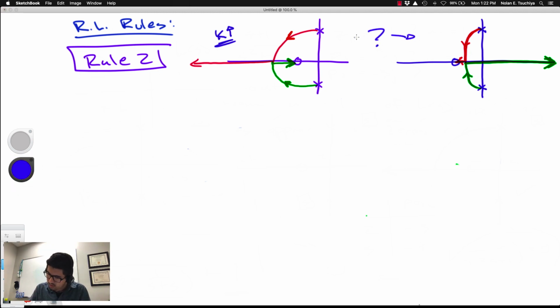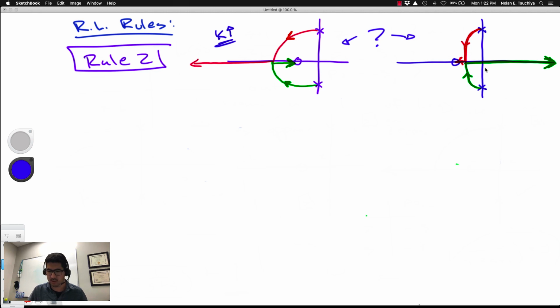Okay, so the question is, which one is the valid root locus? Some of you may be thinking, well, this one can't be. There's something fishy about this one. And the comment that usually comes up is that, well, one of these branches goes into the right half plane, which implies instability. And my answer to that comment is, well, so what?